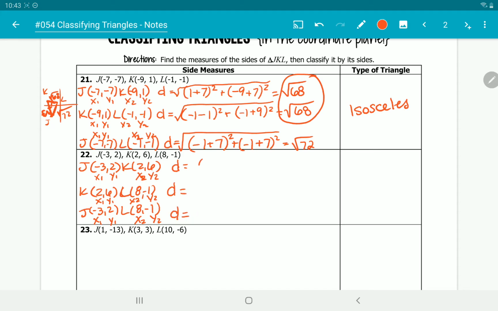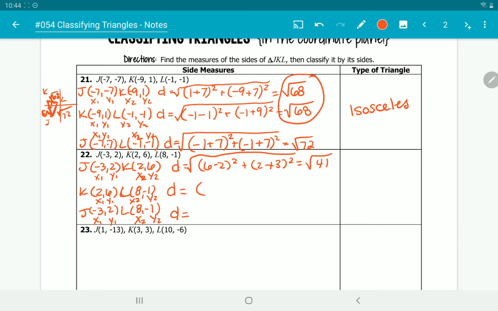Okay? So y2 minus y1 is 6 minus 2 squared. x2 is 2 minus x1. So it's going to be plus 3 squared. Square root. Okay? Type whatever's underneath that radical, underneath the square root, into the calculator. You're going to get 41. Just put it underneath a square root.